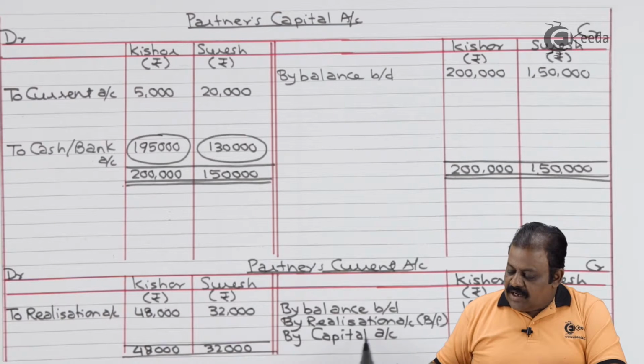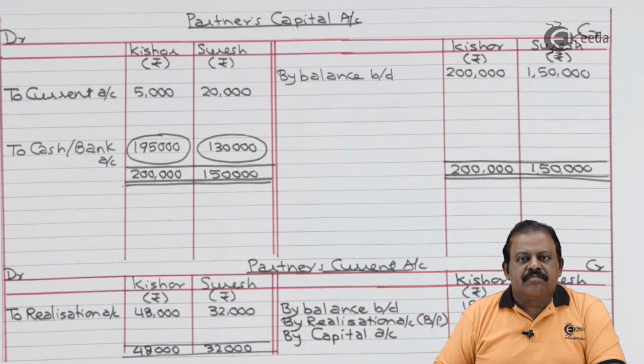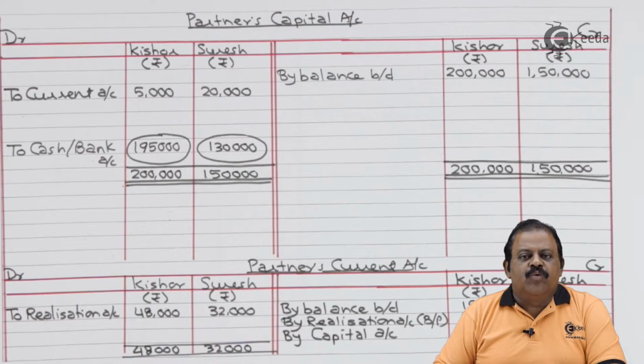So we have closed current account and balance is transferred to partners' capital account. Now partners' capital account is closed and balance will be transferred to cash bank account.